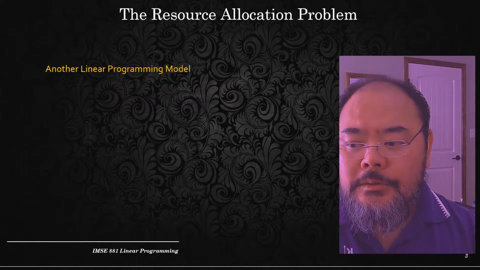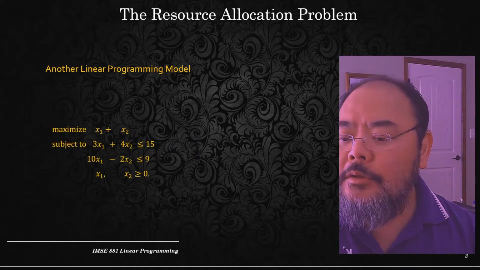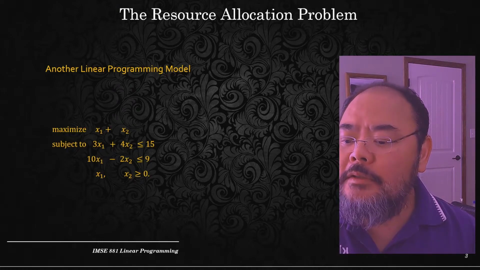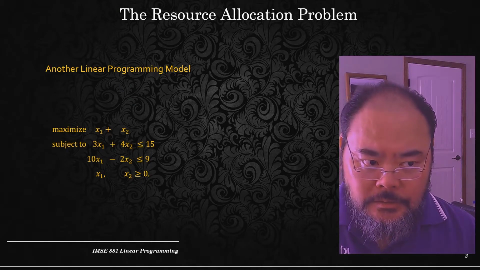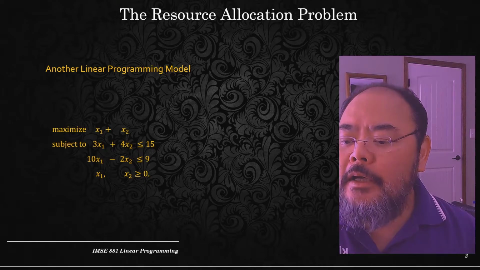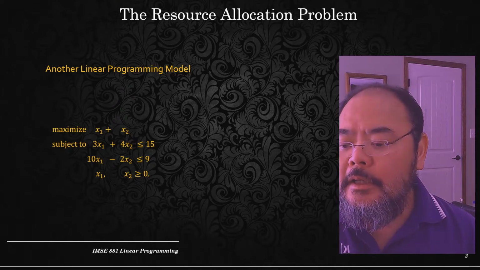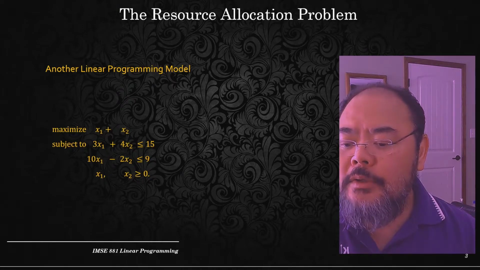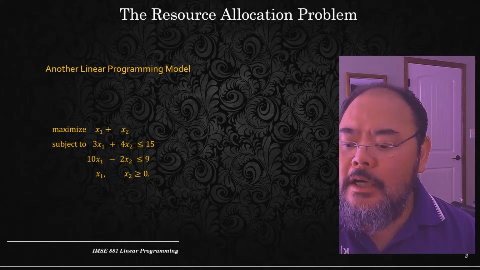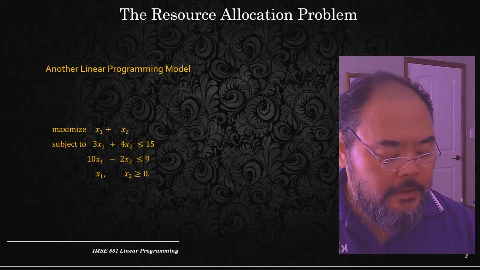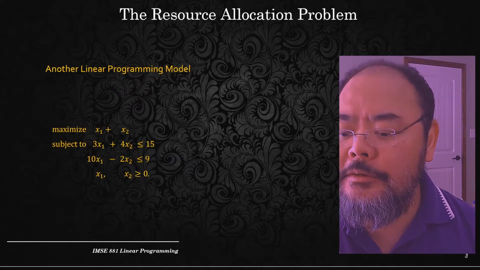First, we're going to introduce a linear programming problem model. It's maximize x1 plus x2, and the constraints are 3x1 plus 4x2 is less than or equal to 15, and 10x1 minus 2x2 is less than or equal to 9, and both x1 and x2 are non-negative, greater than or equal to 0.